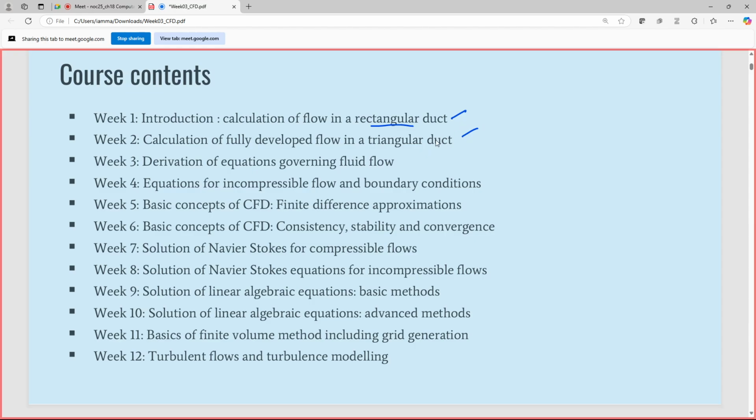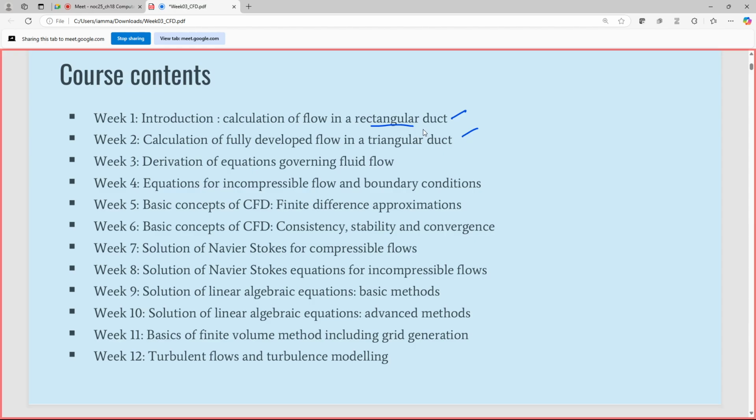And in the second week, the discussion was fully on a triangular duct. Even though the chosen triangular duct has a regular triangle, you may have seen how different it is from rectangular coordinate calculations.